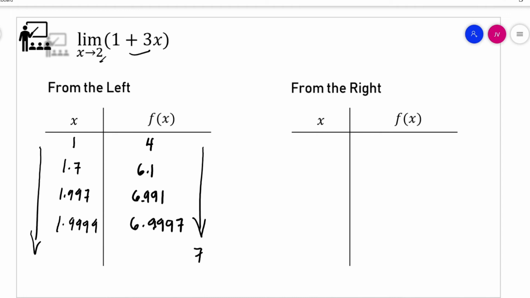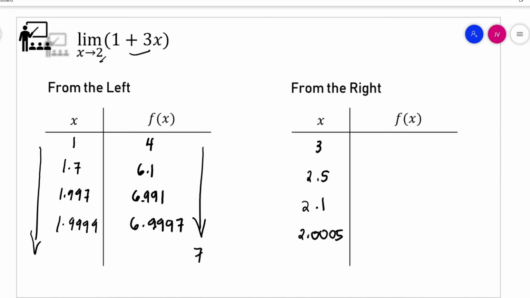Ibig sabihin nito, mag-a-assign tayo ng value from the right of 2. So that is 3 hanggang sa makarating tayo sa 2. So we have 3. Again, kinakailangan close value doon sa ating constant. So we have 3, 2.5, 2.1, and 2.0005.